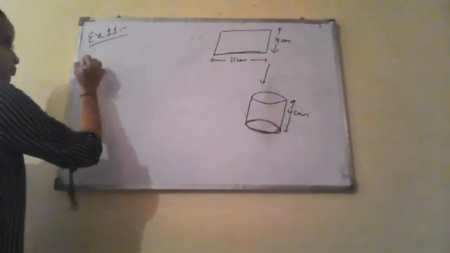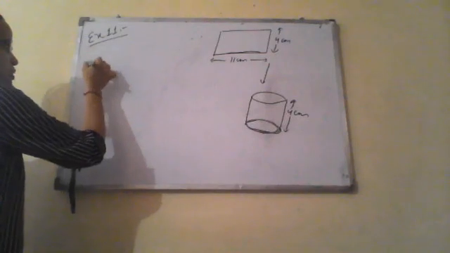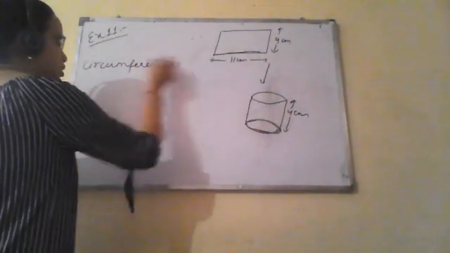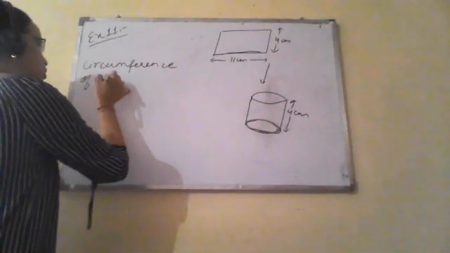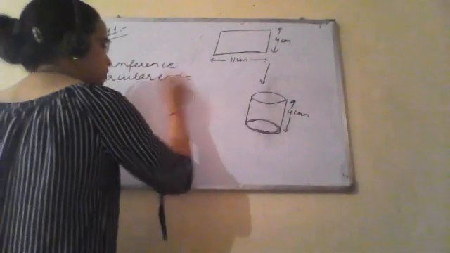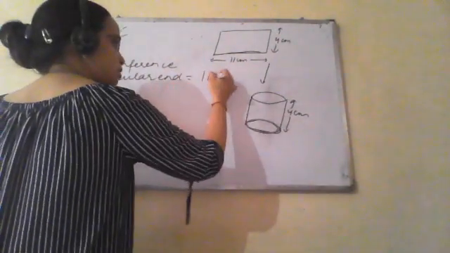So the circumference of the circular end will be 11 centimeter.